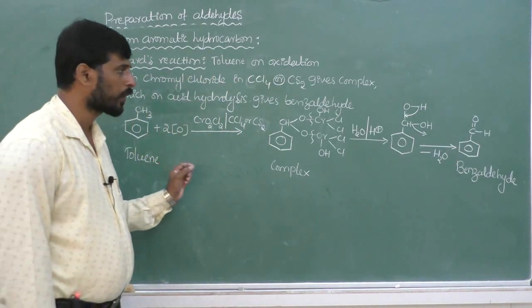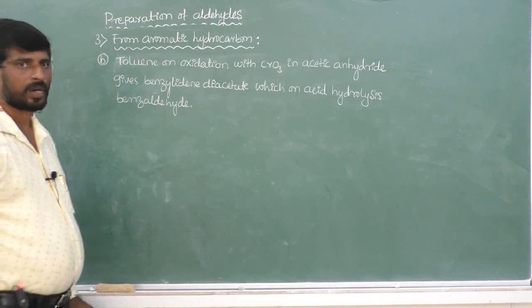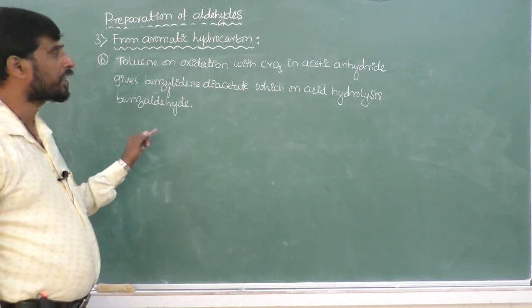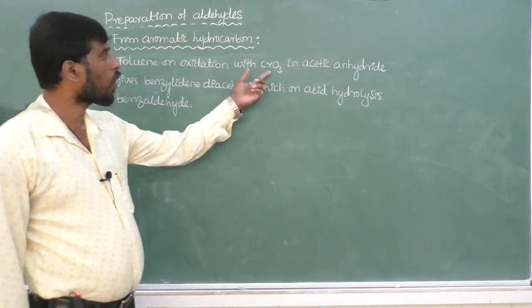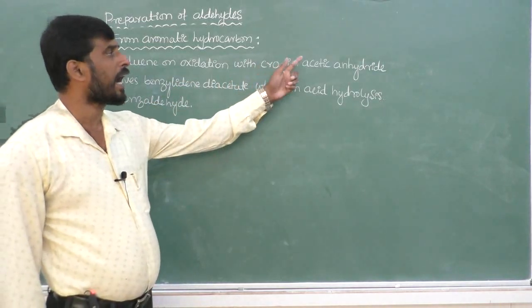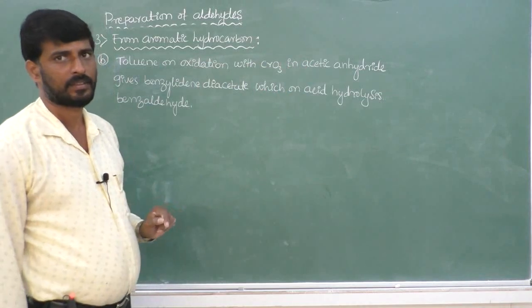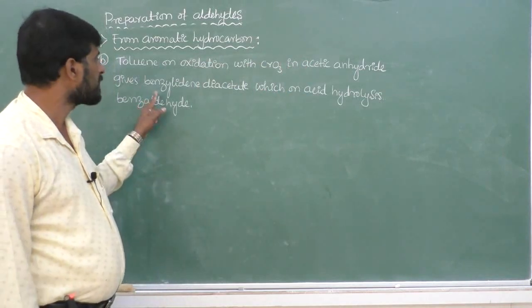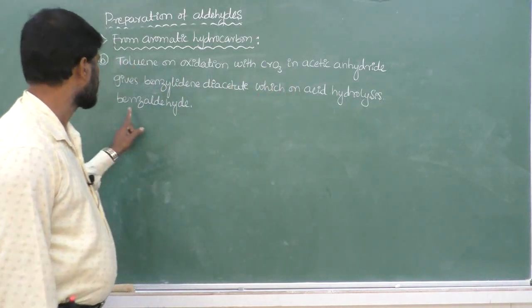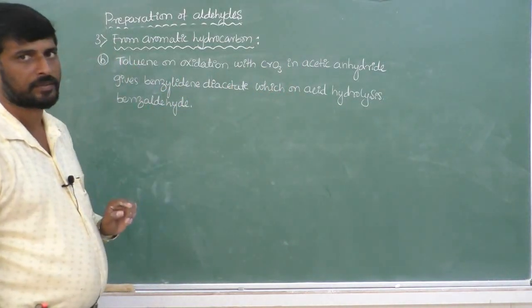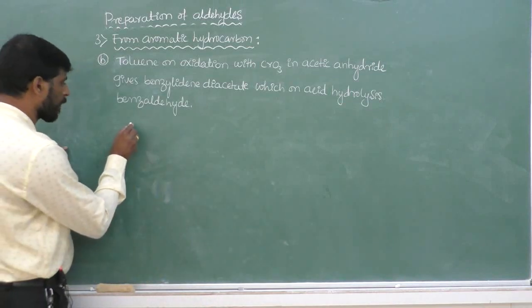Next, toluene is also oxidized by using chromium trioxide in acetic anhydride, which gives benzylidene diacetate, which on acid hydrolysis gives benzaldehyde. Now see the reaction.